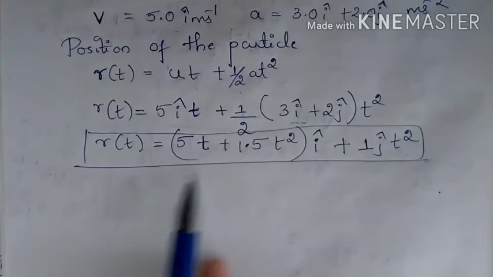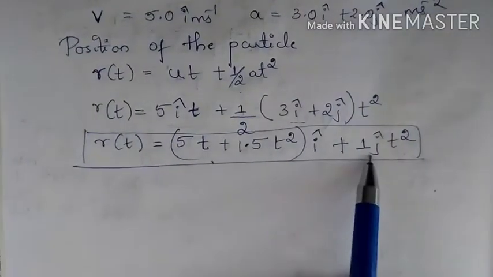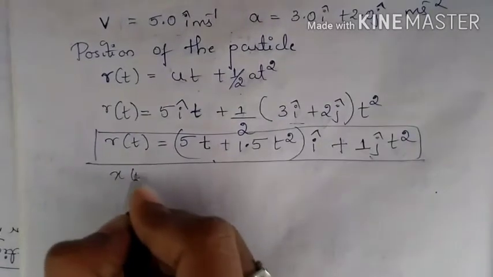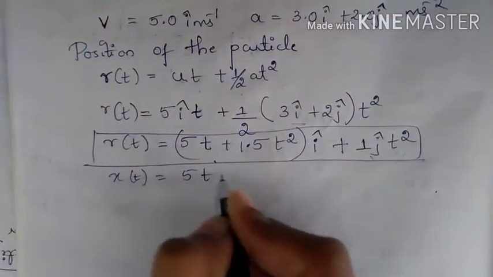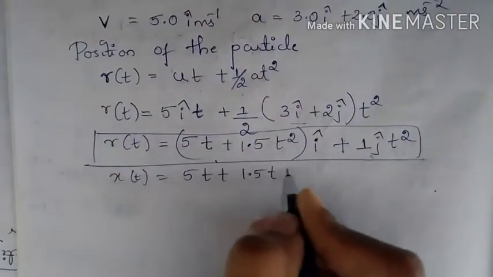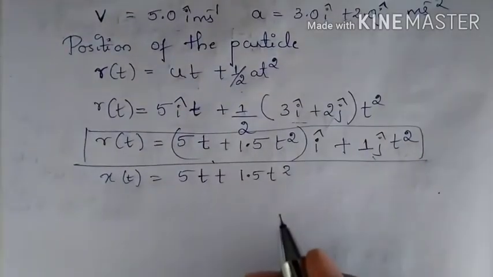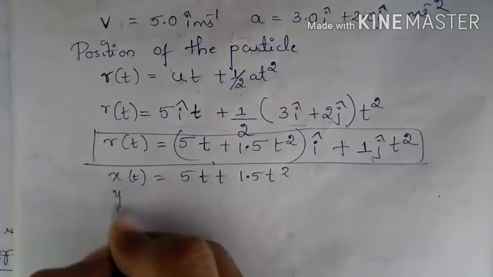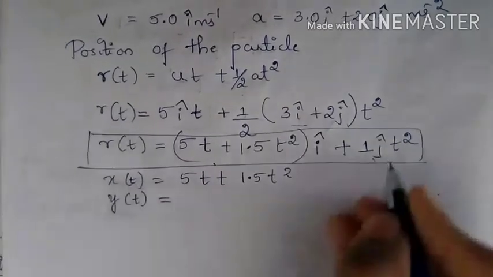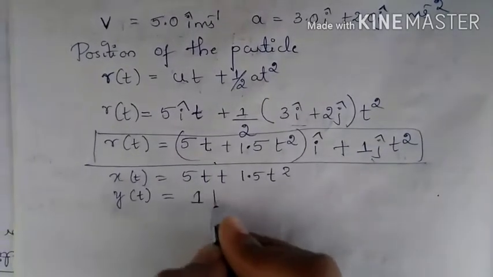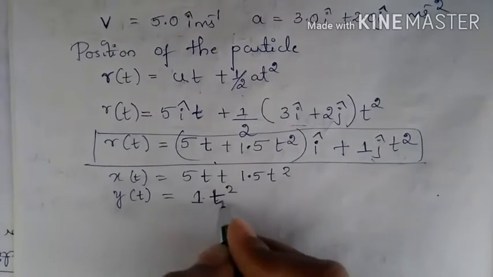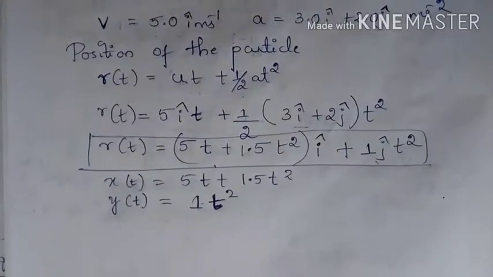Now we know the x coordinate value and the y coordinate value. So x of t can be written as 5t plus 1.5 t square. Now y of t is 1 t square.